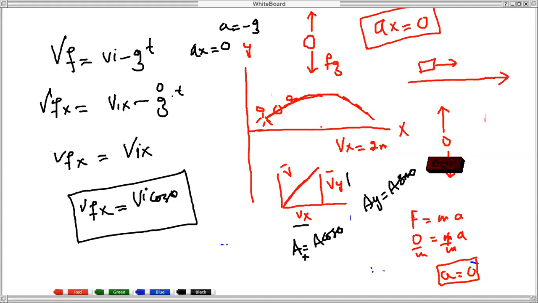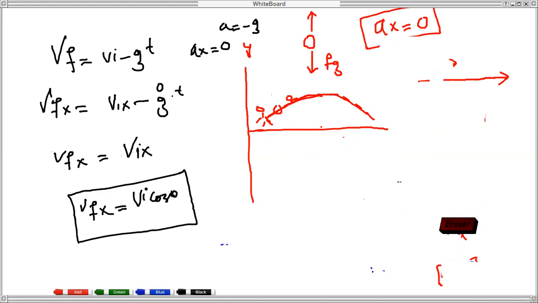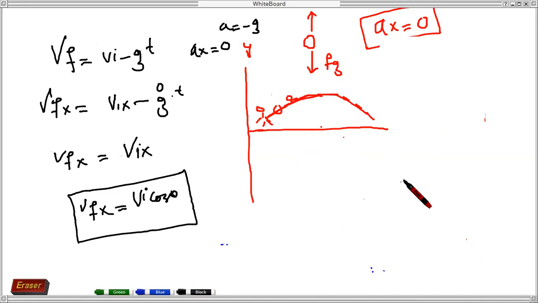Same for the second equation. First equation for vertical motion: Vfy equals Viy minus gt.